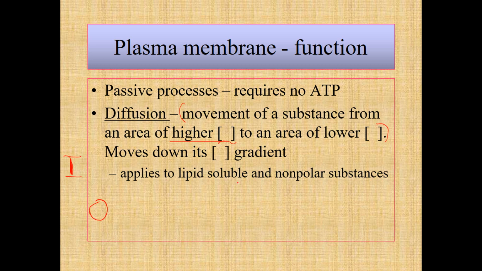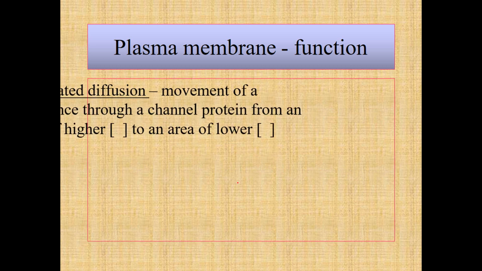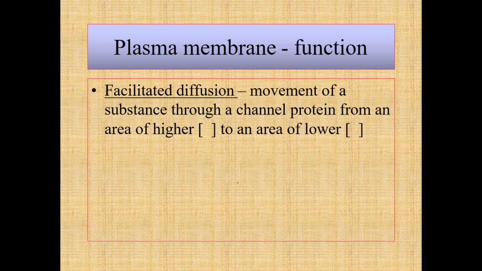Now we have a special type of diffusion, and this is called facilitated diffusion. Movement of a substance, and this one is through a channel protein from an area of higher concentration to an area of lower concentration. So facilitated diffusion, if we have our phospholipid bilayer, our membrane, we're going to have some proteins embedded.